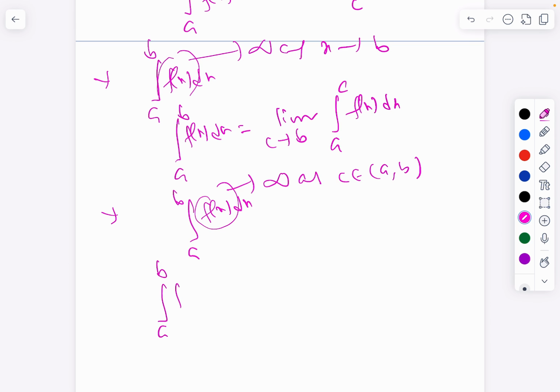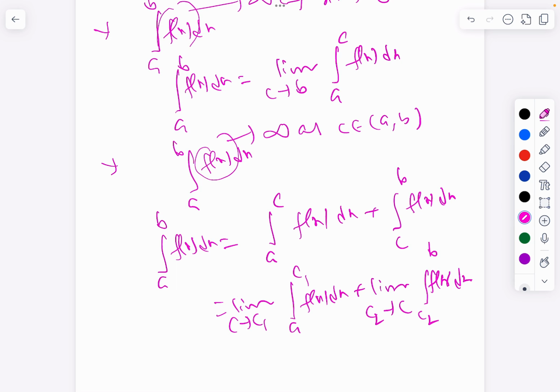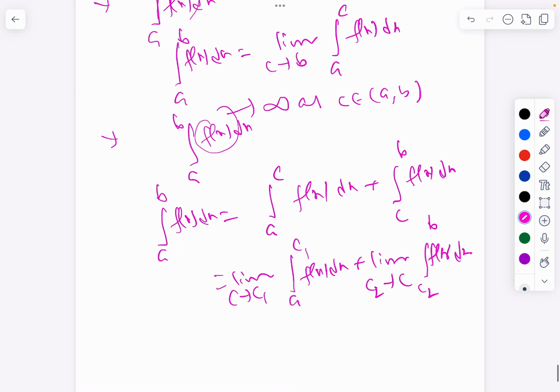In that case, we have to split it: integration a to c f(x) dx plus c to b f(x) dx, and here limit c1 tends to c of integration from a to c1 f(x) dx plus limit c2 tends to c of integration from c2 to b f(x) dx. That is the way we can evaluate the integration.